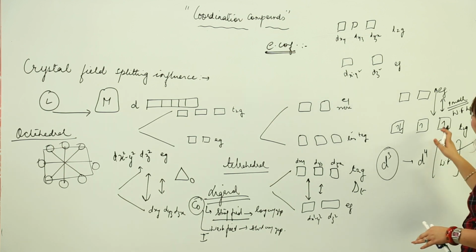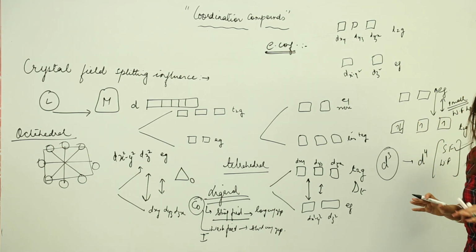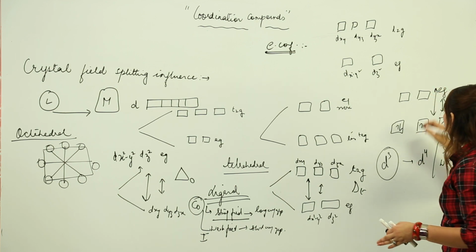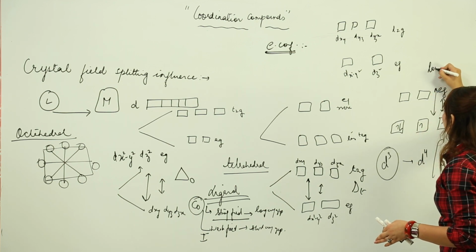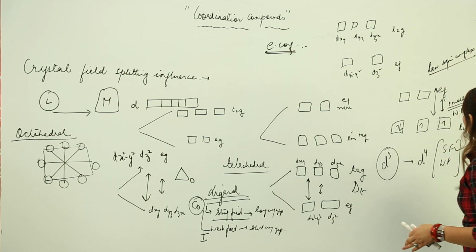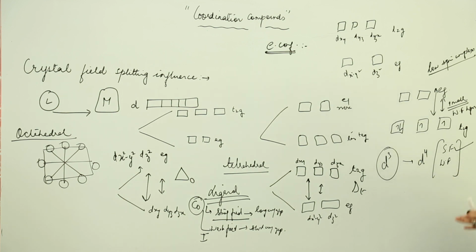And you know that if the pairing occurs, it will possess a smaller number of unpaired electrons and it is going to be called a low spin complex. So keep in mind, whenever there is a strong field ligand, it is going to cause pairing, and due to pairing there will be fewer unpaired electrons, that is why it is going to be a low spin complex.